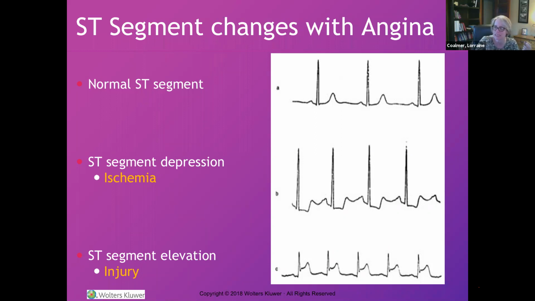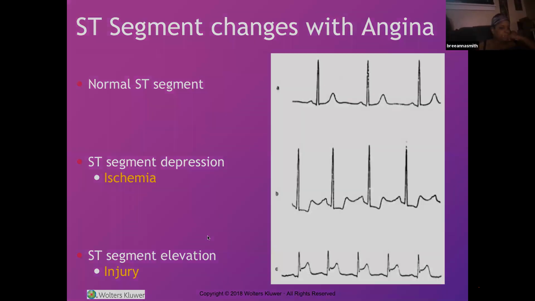But most of the time when we see it, and it's really interesting when you watch this evolve, you start noticing the depression, and then it flips to this injury. And now you know that you've progressed further along. You kind of see that nice progression. It's not really a good progression because they're getting worse. Right, but you will see that. So I've always learned it that way. ST depression, think ischemia. Yep. All right, thanks. You're welcome.